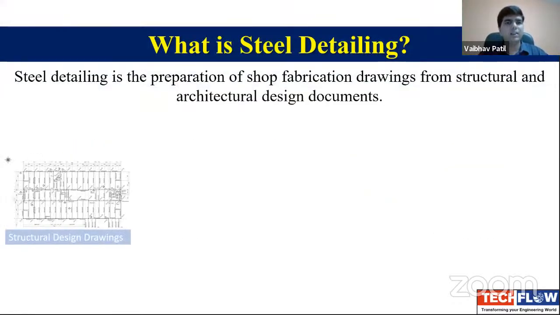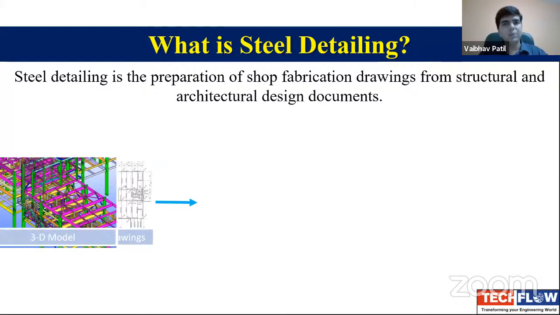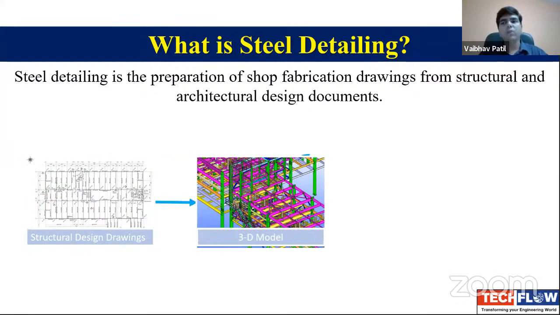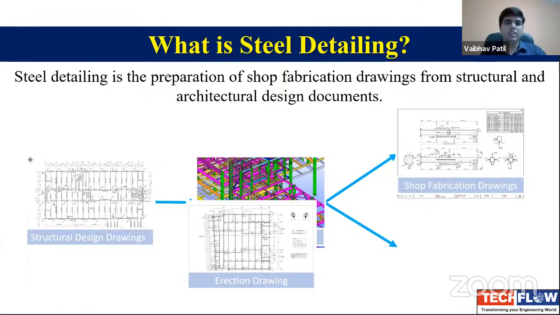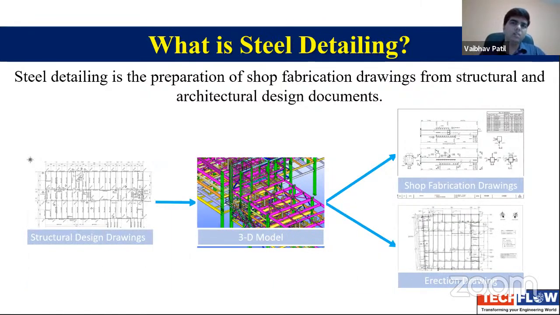So what is steel detailing? Steel detailing is the preparation of shop drawings from the structural and architectural design documents. Initially, we get structural and architectural drawings, like plans and elevations, which we normally see in Indian buildings, but structural steel detailing is mostly used in America, Canada and Australia.